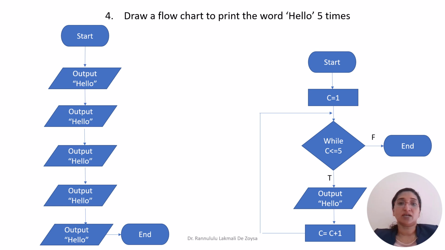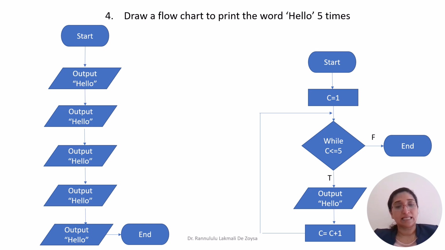Right, so here we are taking a variable as a counter, and when you are using the repetition structure, you're repeating until the given condition is not true, or while the given condition is true. So what happens here: you begin the program. In your computer's memory, you have created a variable and given the value 1 to it.